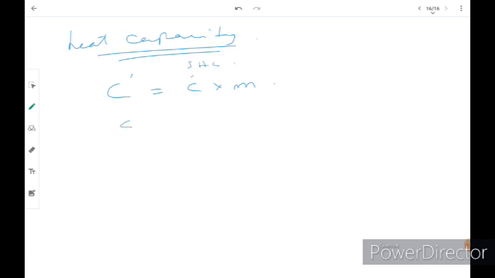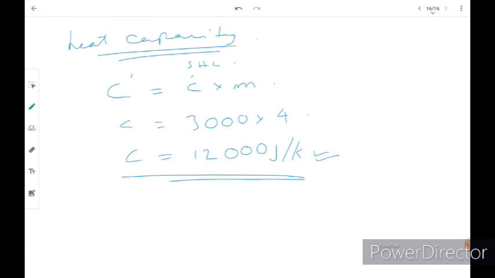So the specific heat capacity is 3000 into mass, which is 4. So we come to know that heat capacity C is equal to 12,000 joule per Kelvin. You can write it like this. So this is over.